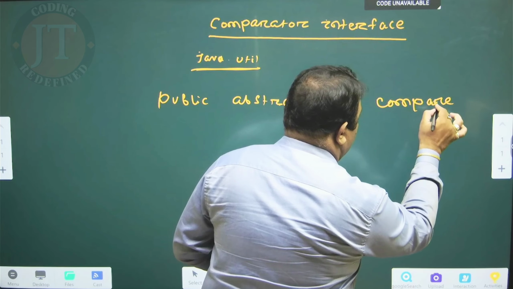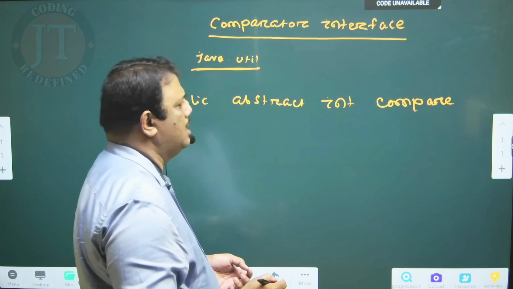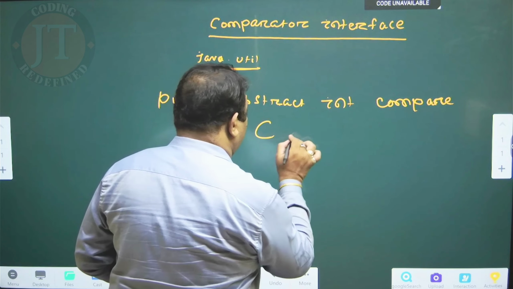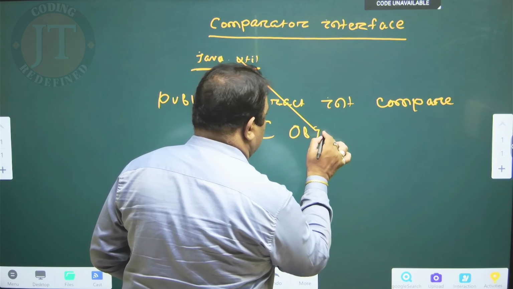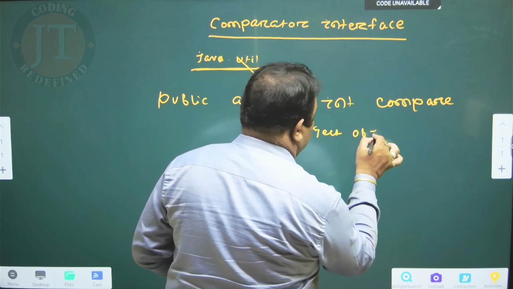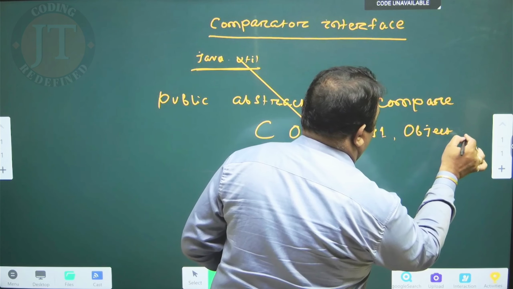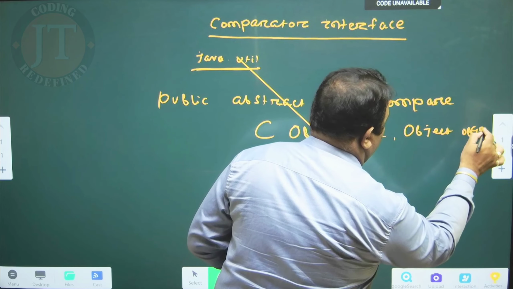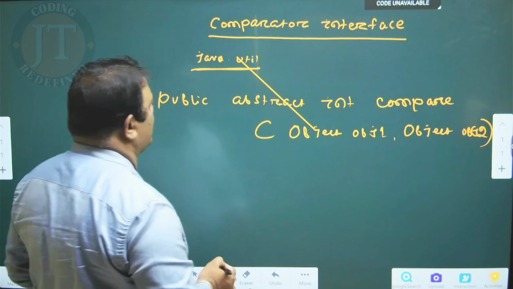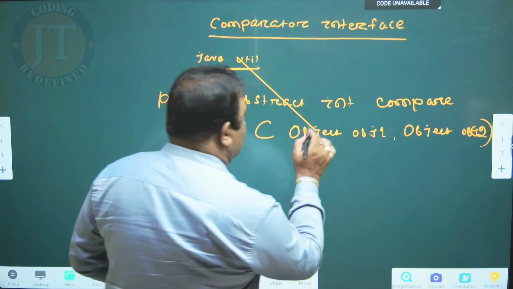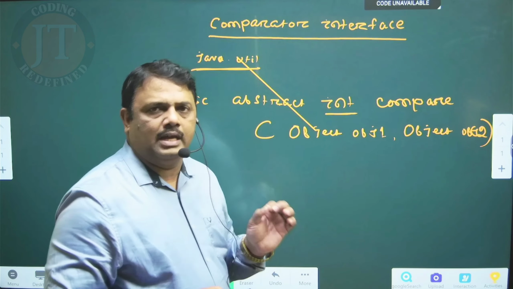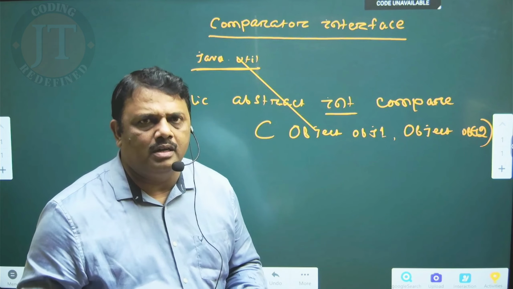Now, compare is the method. But how many parameters does this method have? Here you see, Object obj1, comma, Object obj2. There are two parameters. And what is the return type of the method? Return type is int.